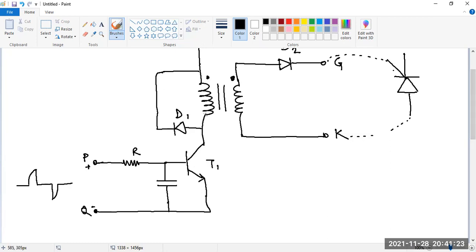If the device is turned on, current will flow in this path, and similarly it will induce a voltage in the secondary of this pulse transformer. If the secondary has some induced voltage, then that voltage will act across the gate cathode of the actual SCR under control.